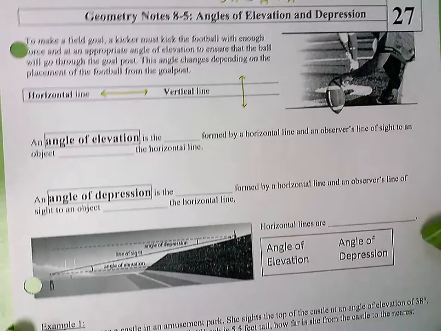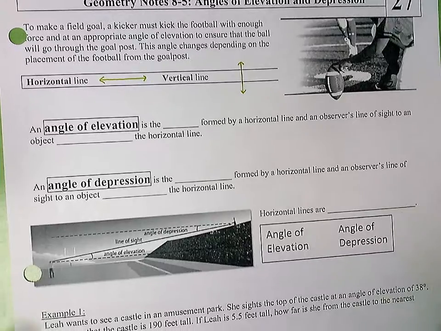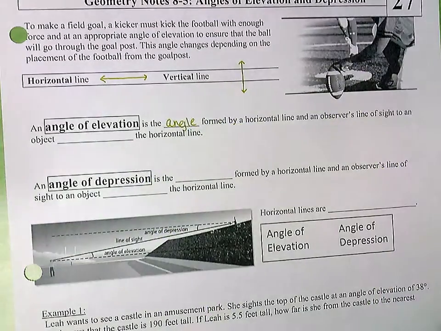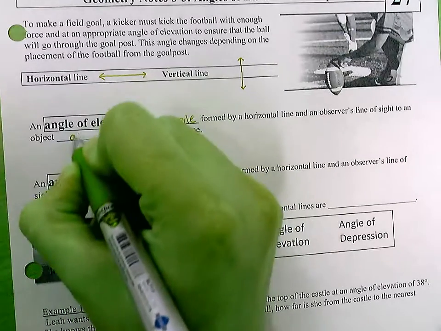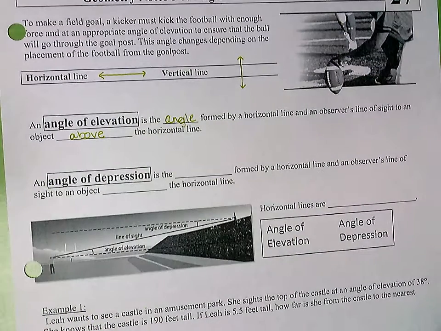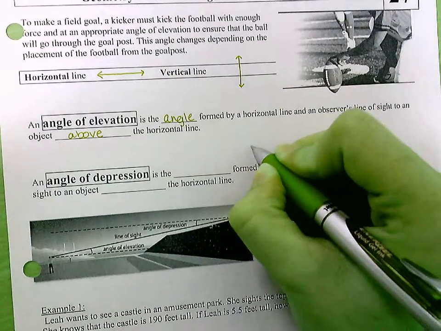An angle of elevation is the angle formed by a horizontal line and an observer's line of sight to an object above that horizontal line. This angle is created if you have a person looking up at an object. I'm going to draw a picture here.